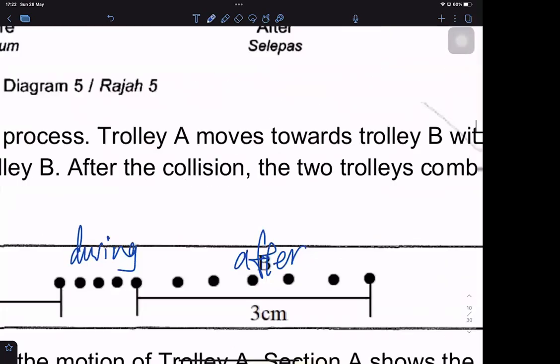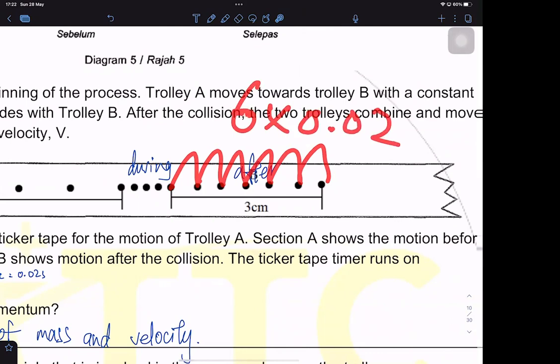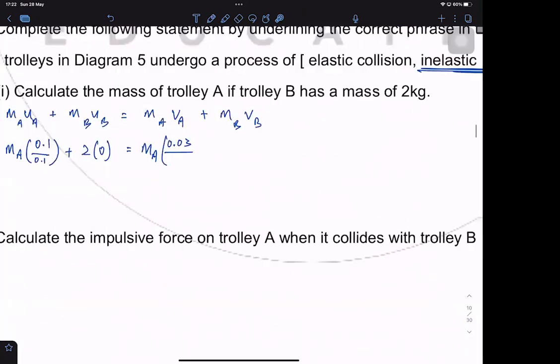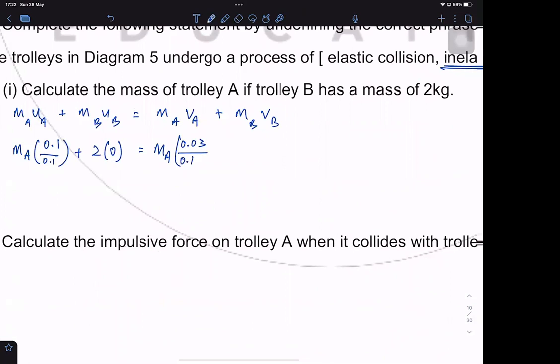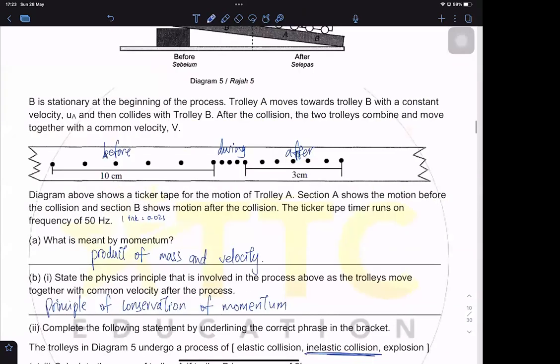Divided by, let's see, 1, 2, 3, 4, 5, 6. 6 jumps, each jump is 0.02. So the total time is 0.12. Plus the mass of B is 2. Okay, the final velocity for B.